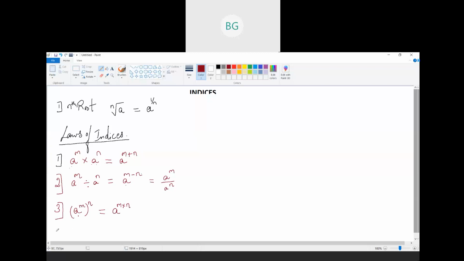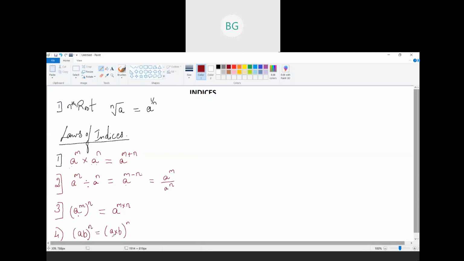Now what if we have two bases and a single power? For example, (ab) to the power n. This can also be written as (a into b) to the power n.